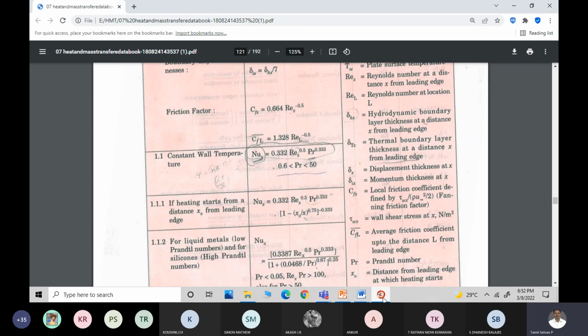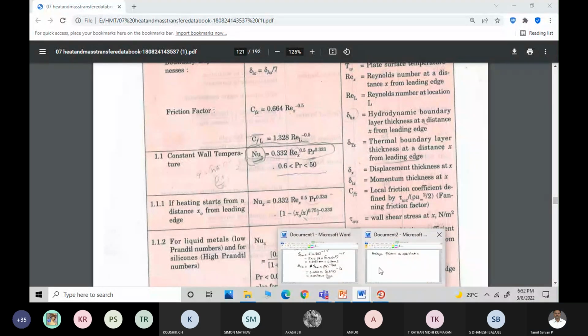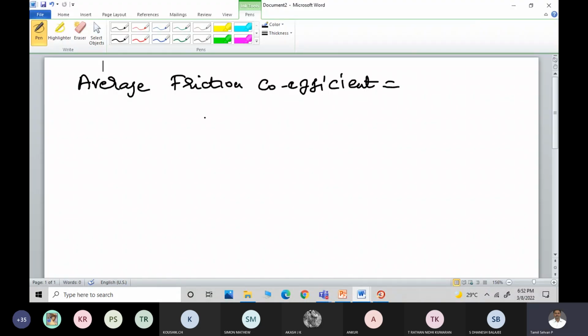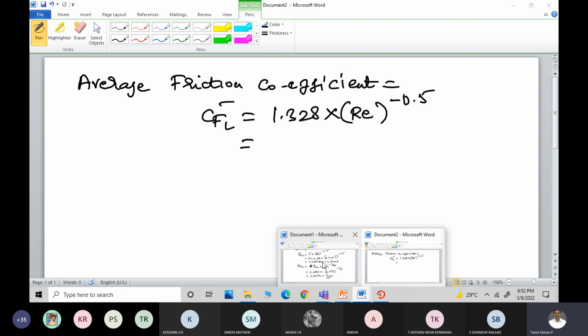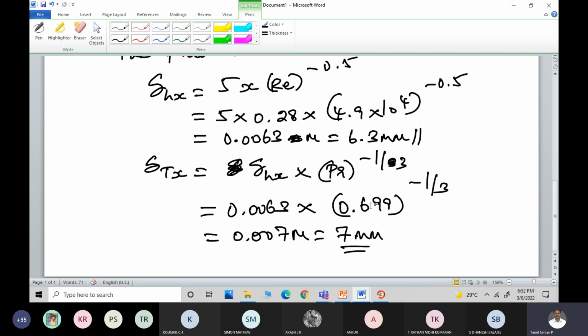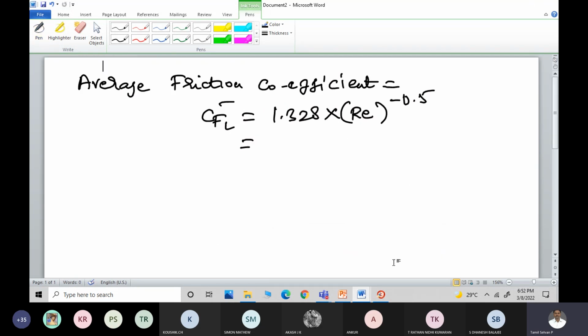CFL bar is equal to 1.328 into Reynolds number to the power minus 0.5, is it correct? Yes, sir. Now we know the Reynolds number is 4.9 into 10 power 4. Substitute it and get the result.